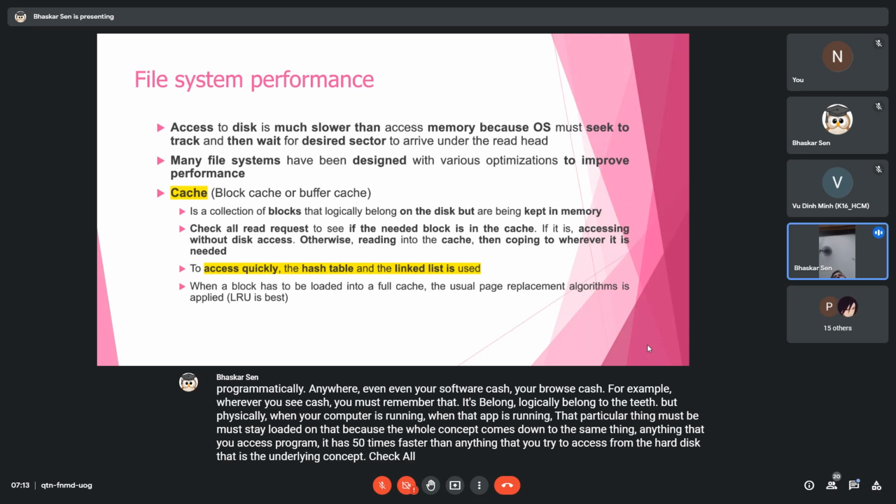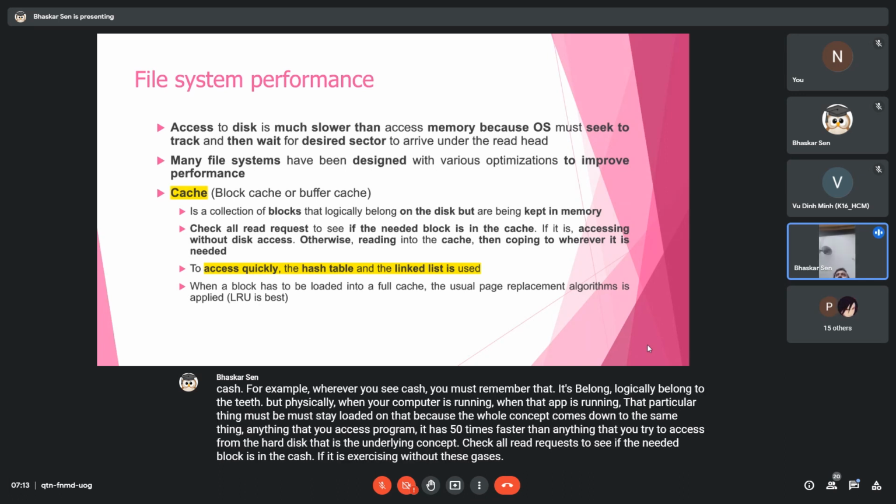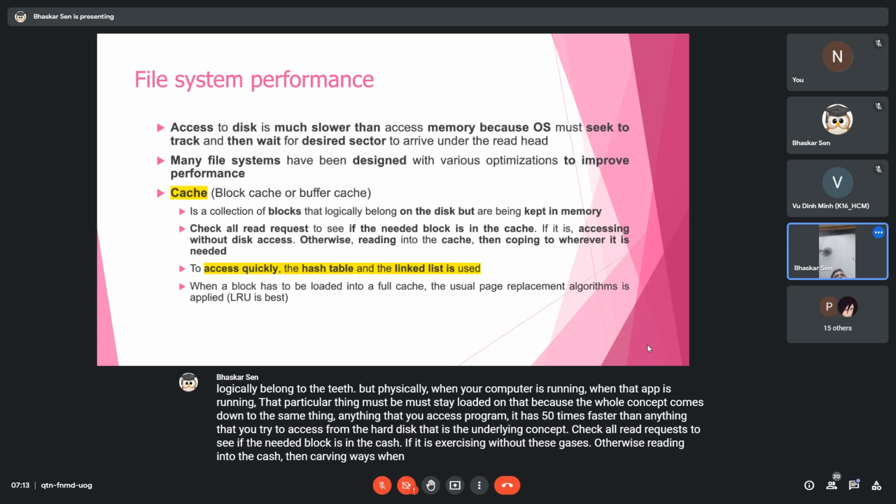Check all read requests to see if the needed block is in the cache. If it is, access it without disk access. Otherwise, read into the cache, then copy whenever it is needed.